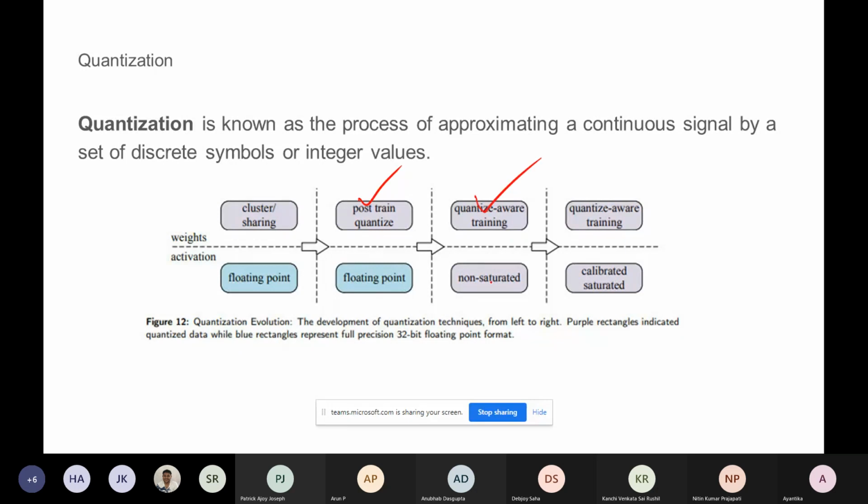We know what we mean by saturation and non-saturation in our activation function. And now we will be talking about a small thing, that is clustering of weights. Can you tell me why this clustering of weights can be effective?